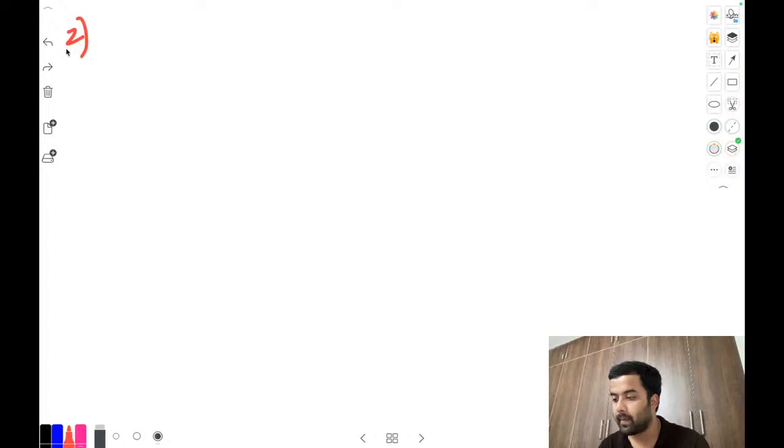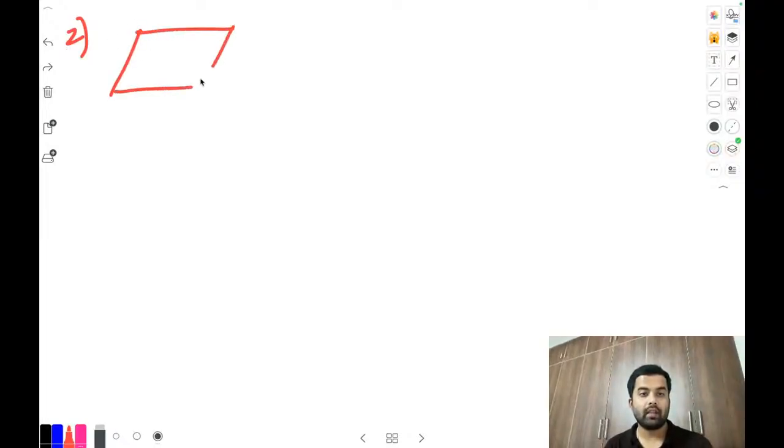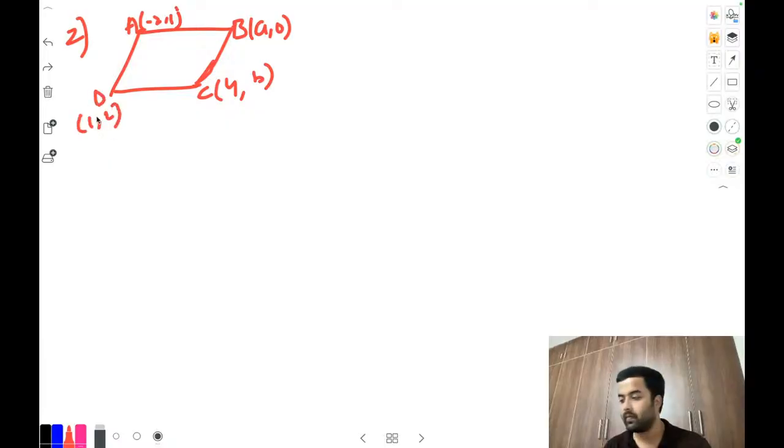Question number 2 will be, just 2 minutes, we will figure out a good question here. Yeah, we have a good one. Let me draw first. We have a parallelogram given. A point is minus 2 comma 1, B point is a comma 0, C point is 4 comma b, and D point is 1 comma 2.